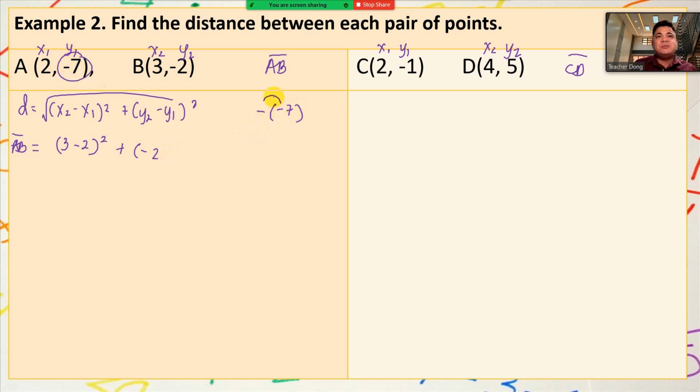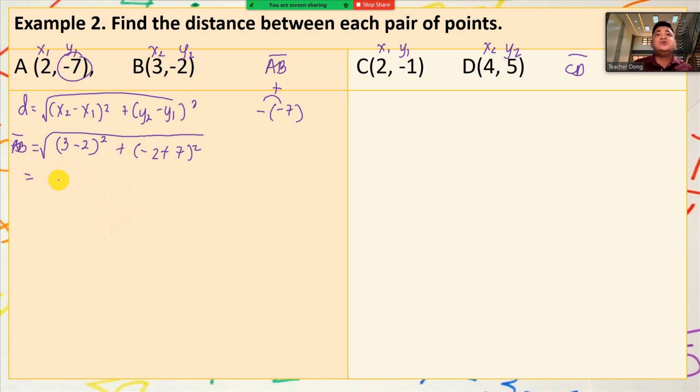But if you multiply them, it will become positive. So you can just simply write plus 7 here, square. That is to simplify the process. If they are both negative and you're multiplying them, the sign of the answer is positive. That's why we will put positive 7, if the second value, your x sub 1 or your y sub 1, is negative.